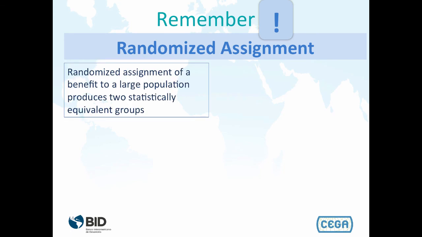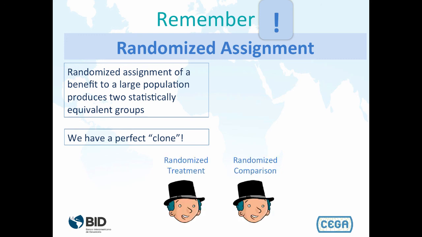So remember, random assignment of a benefit to a large population produces two statistically equivalent groups, two groups whose sample means are unbiased estimates of the population mean. In this case, we have what we call the perfect clone. We have balanced treatment and comparison groups.